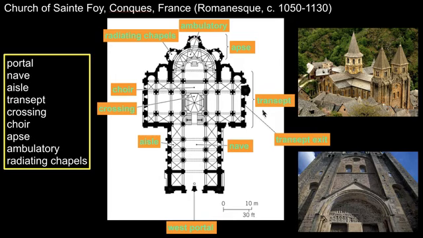Where the nave and transept meet is the crossing, which is marked by a crossing tower on the exterior. As we approach the apse, we have the choir, where the monks would sing the Mass, and the altar, the area that would be off limits to folks who are not clergy. And then we have the apse end and the ambulatory or circular walkway, and radiating chapels, these little niches that would hold relics.